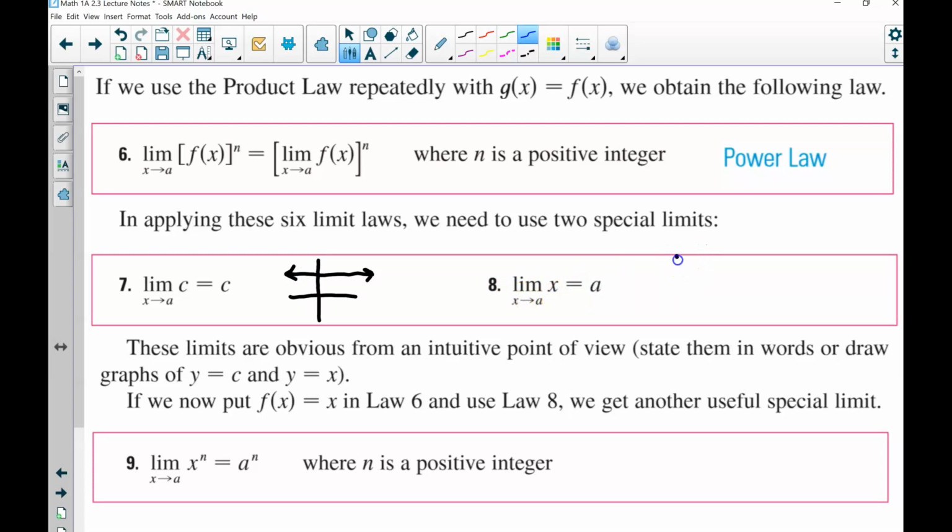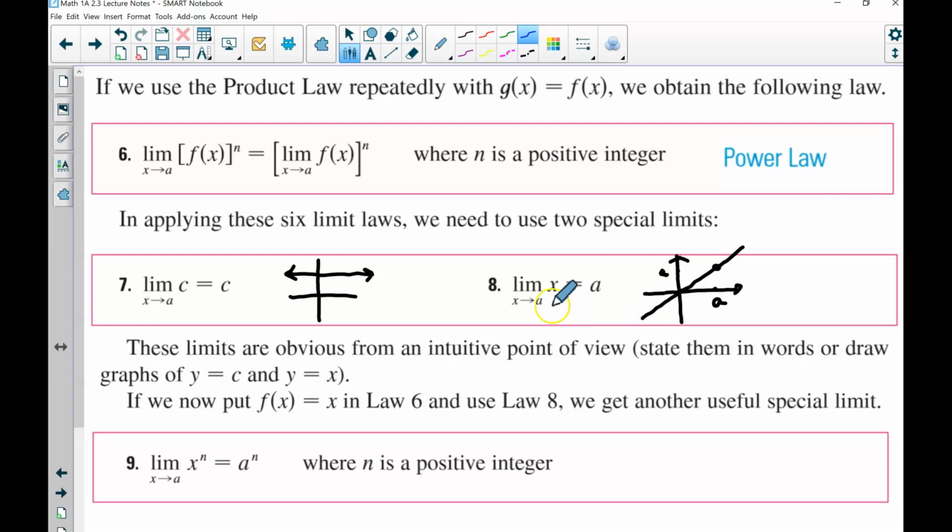Well, this is linear. So that means that if you had a here and another value a here, you would have this limit as x approaches a of x is equal to a.